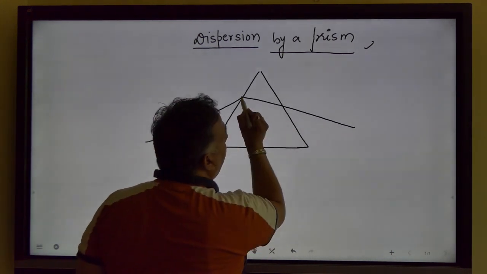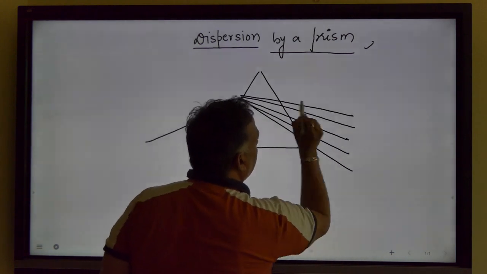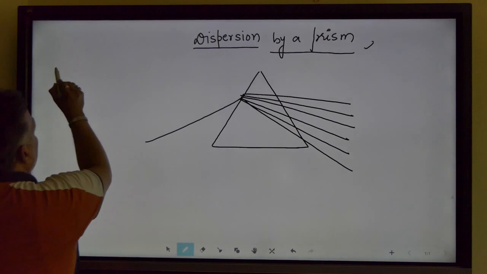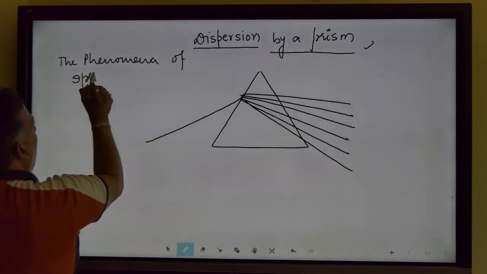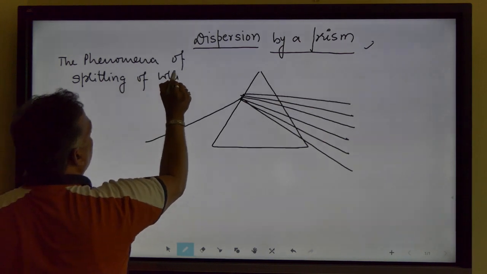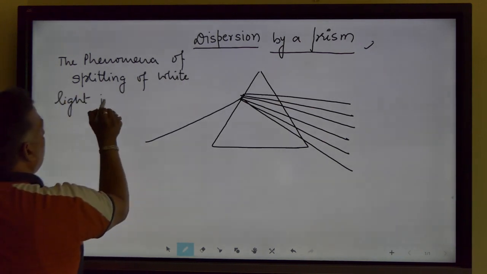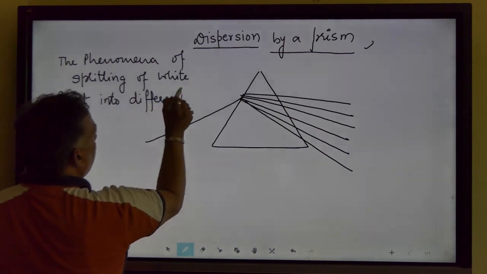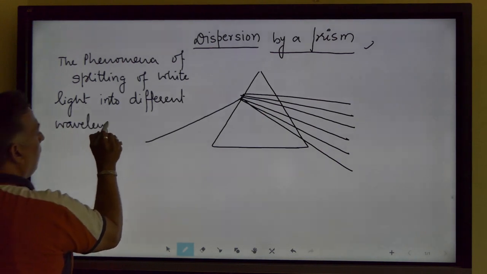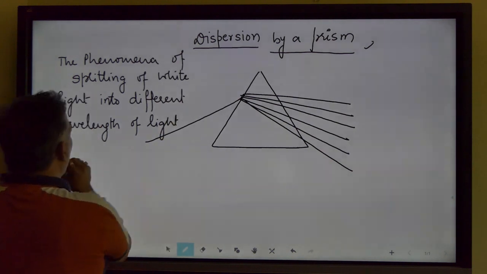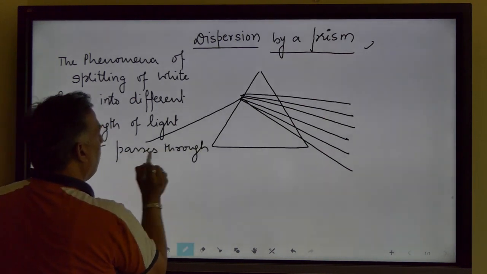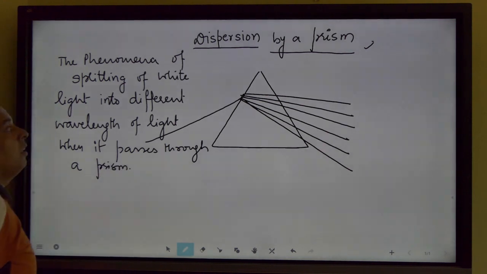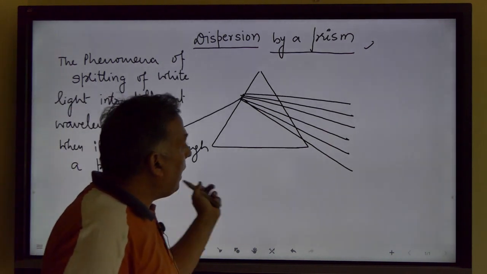The phenomenon of splitting of white light into different colors, different wavelengths of light when it passes through a prism, is called dispersion.